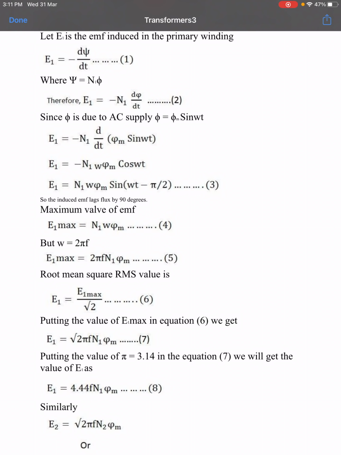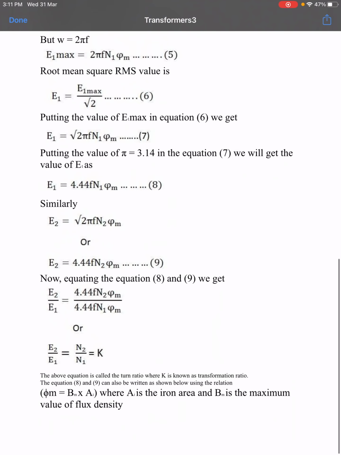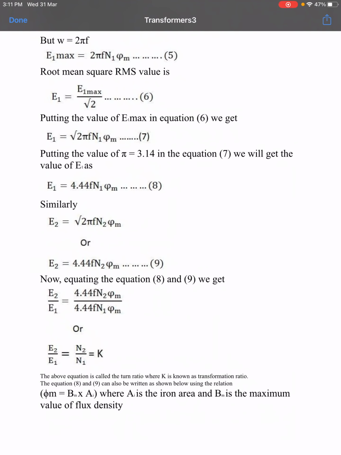This is the secondary induced EMF in the transformer. The primary winding induced EMF is represented by E1 and the secondary winding induced EMF by E2. So E1 equals 4.44 f N1 phi m and E2 equals 4.44 f N2 phi m.